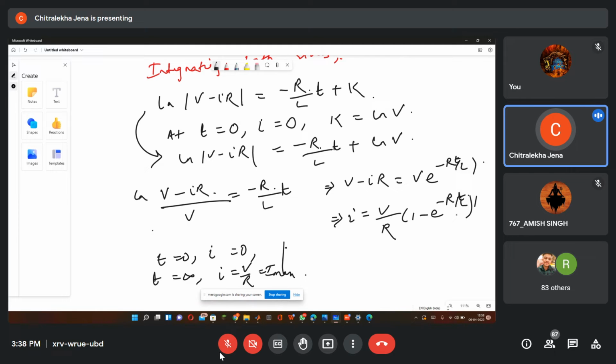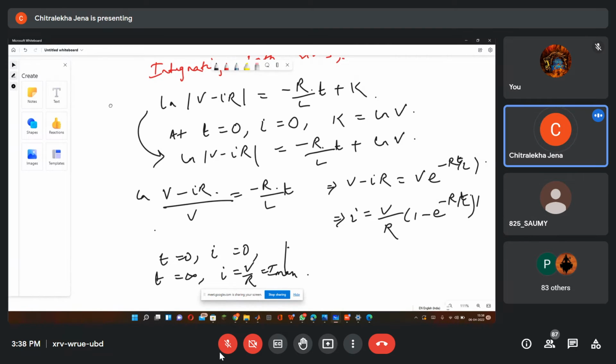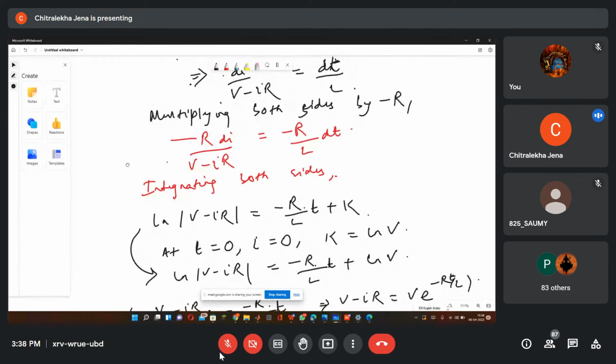Subham, are you writing? 829. Understood? Subham Pal. 829 is not there. Sasi Prakash, 828. Yes, ma'am. 824, Satyam. Ma'am, can you please move up? Hello, Satyam. Satyam, are you there? Sharvajit.